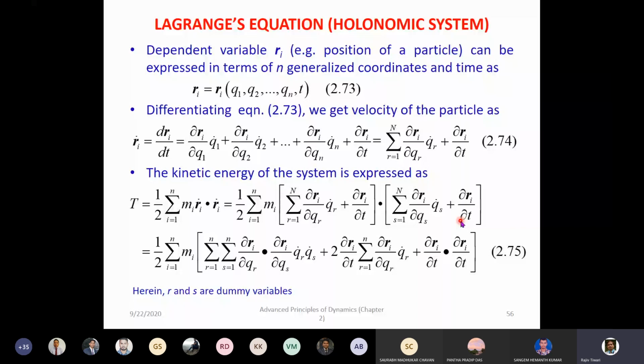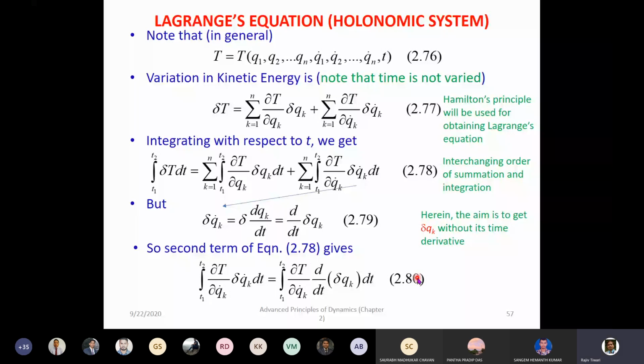Now, in general, the kinetic energy depends not only on the displacement but also on velocity and time. So often we'll see that it will depend upon velocity and time, but in general, it can depend upon displacement also in some cases.